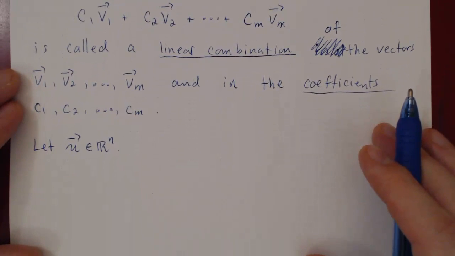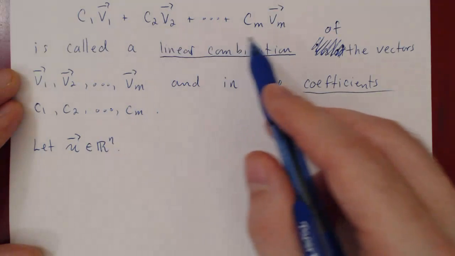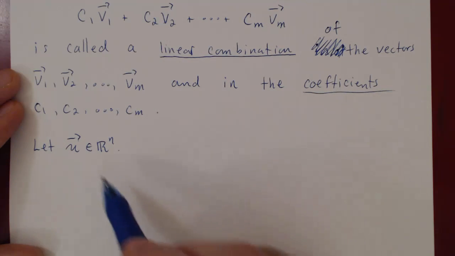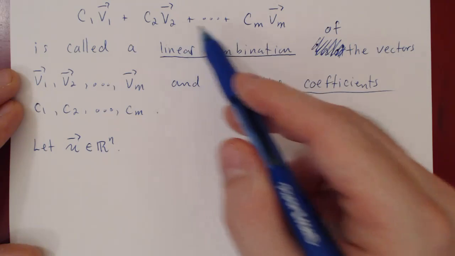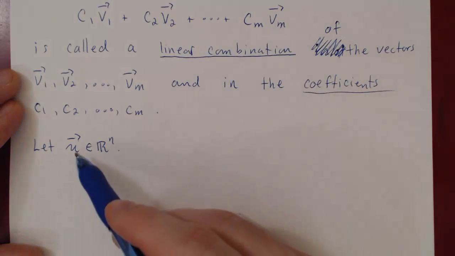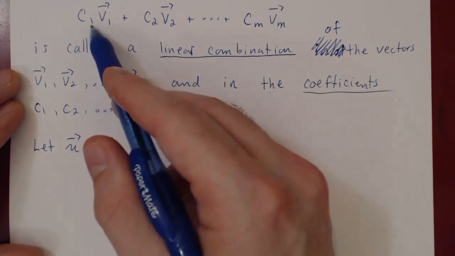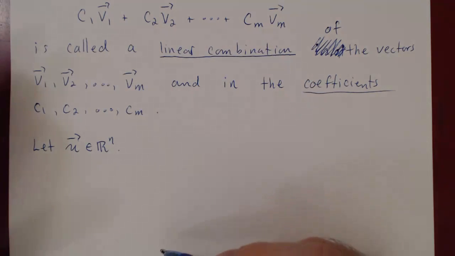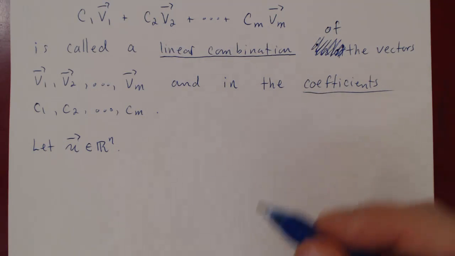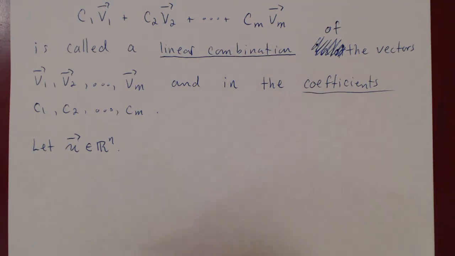Now think of how you would solve for the coefficients. The vectors v1 through vm are fixed vectors, so is the vector u. The coefficients are the unknowns. Let's see how we can rewrite this in a hopefully very familiar form.